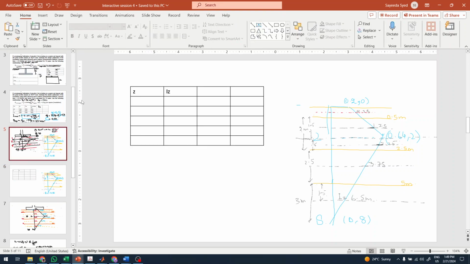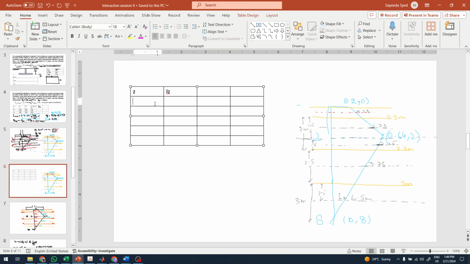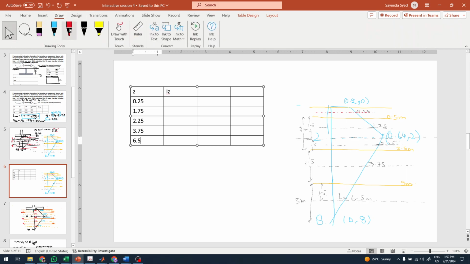Let us fill this Z at 0.25, 1.75, 2.25, 3.75, 6.5. Okay, now let us interpolate for the first layer.